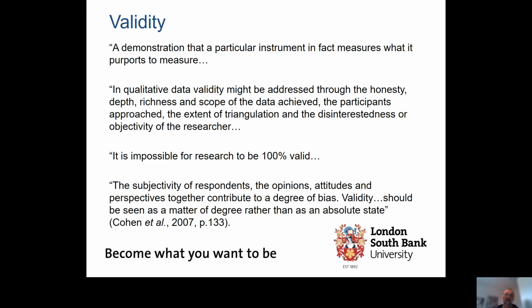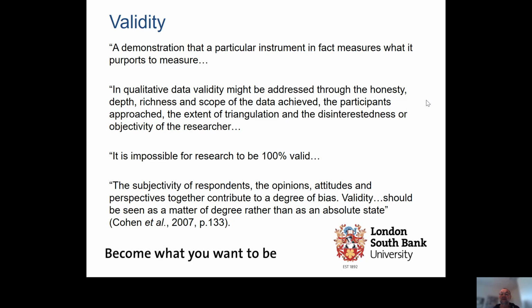And last point here, the subjectivity of respondents. In other words, respondents have their own interests and their own characteristics. The subjectivity of respondents, the opinions, attitudes, and perspectives together contribute to a degree of bias.